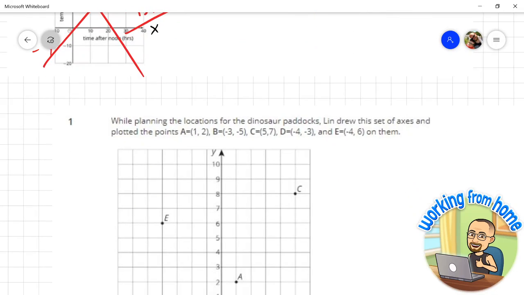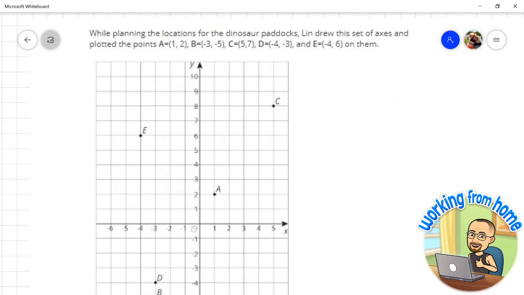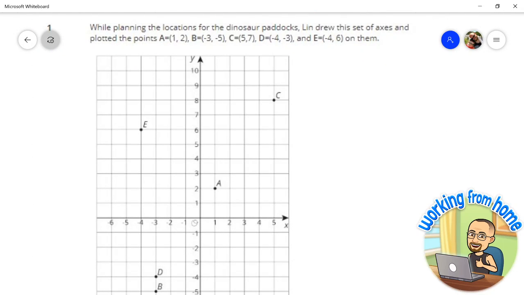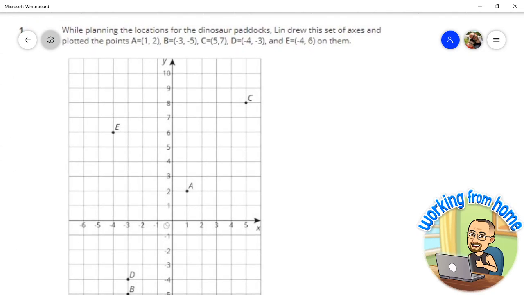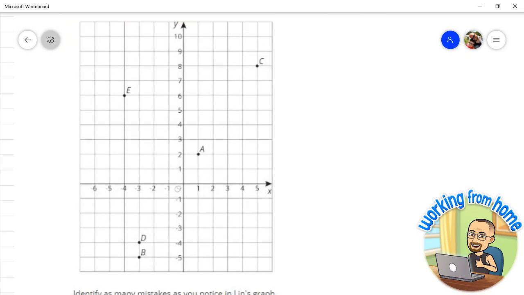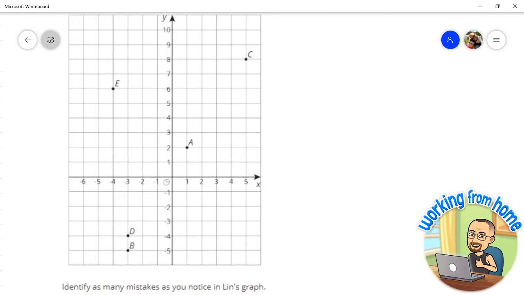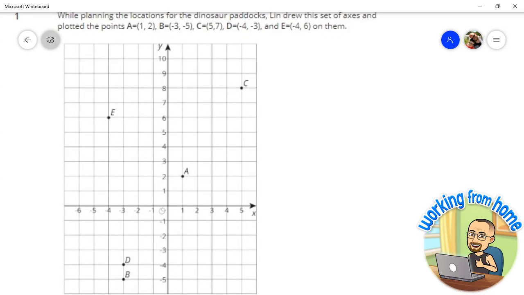All right. While planning the locations for the dinosaur paddocks, Lynn drew this set of axes and plotted the points. A, 1, 2, B, -3, -5, C, 5, 7, D, -4, -3, and E, -4 and 6 on them. Identify as many mistakes as you can on Lynn's graph. All right, I like it.